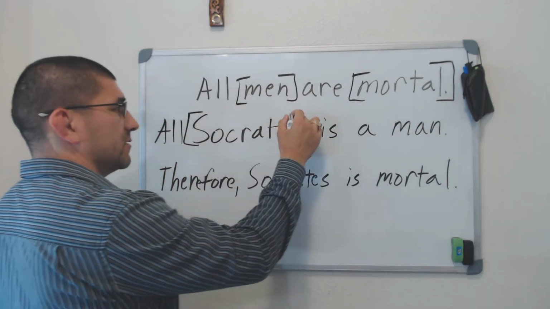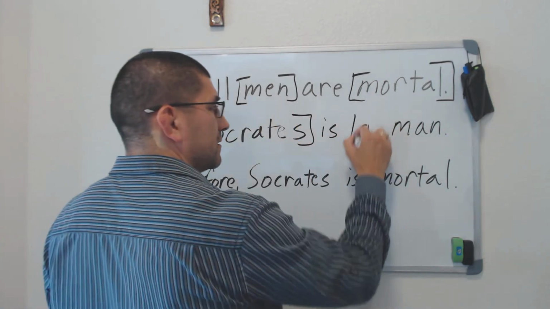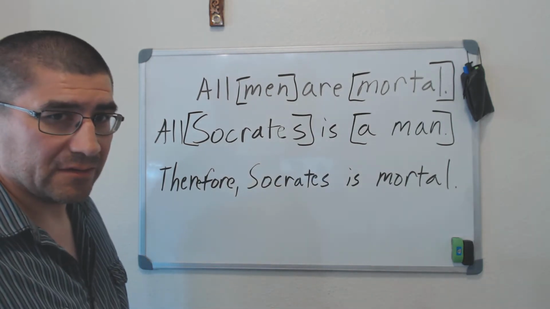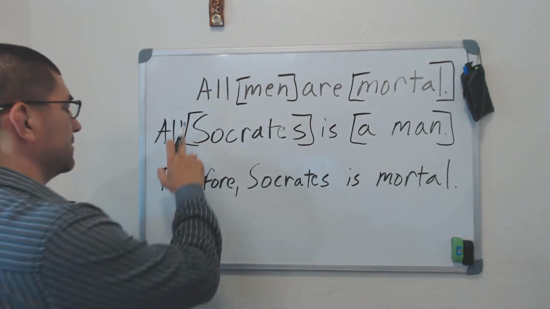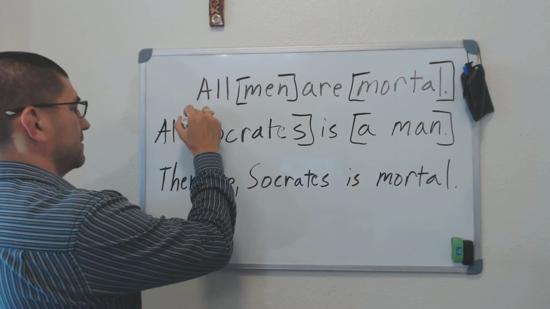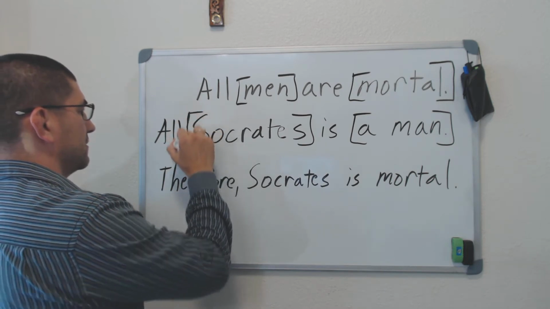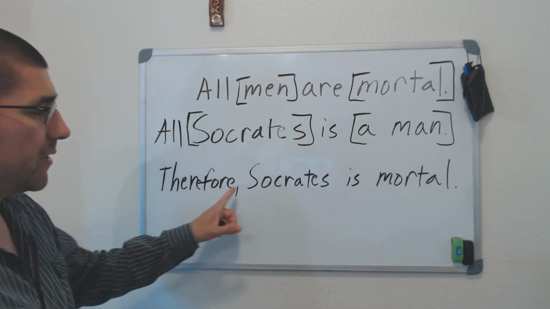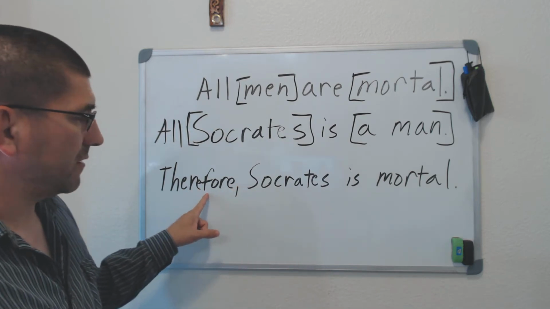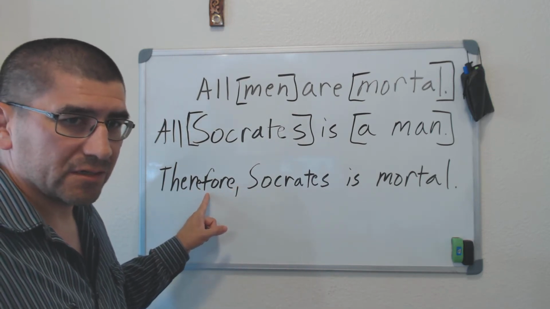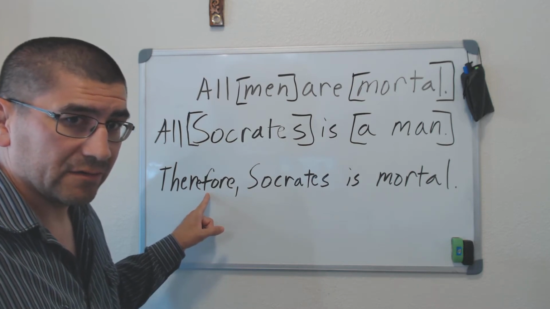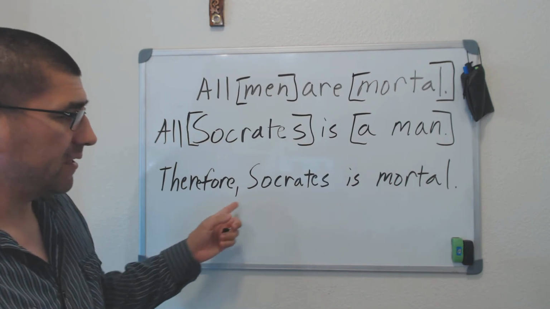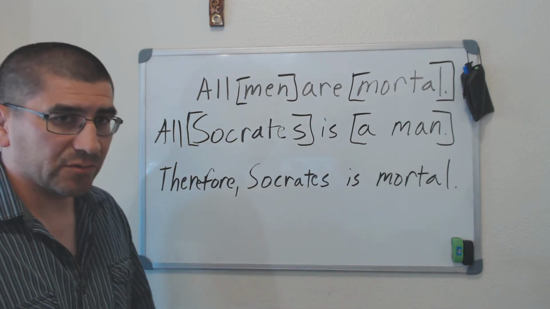I'm going to put the subject term and the predicate term into brackets. So, all Socrates is a man. Now my conclusion. Remember, therefore is a conclusion indicator, a word that indicates there's a conclusion. Therefore, Socrates is mortal.